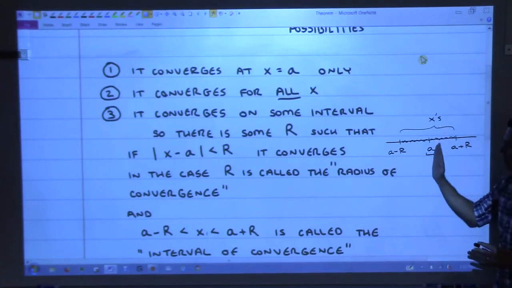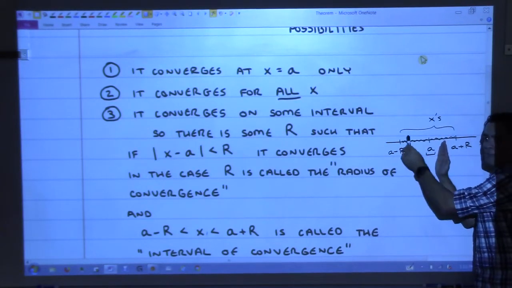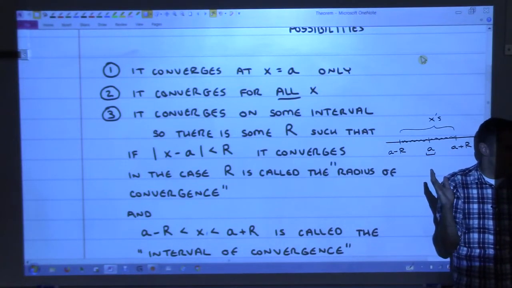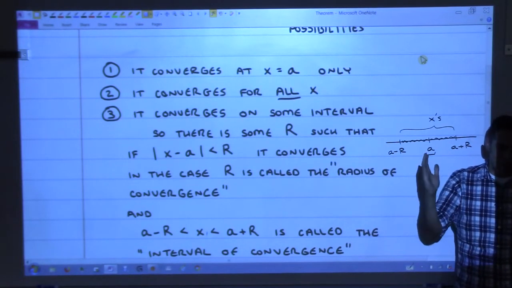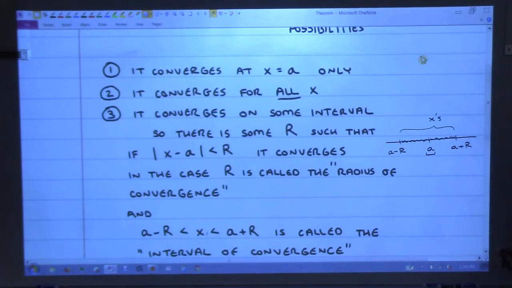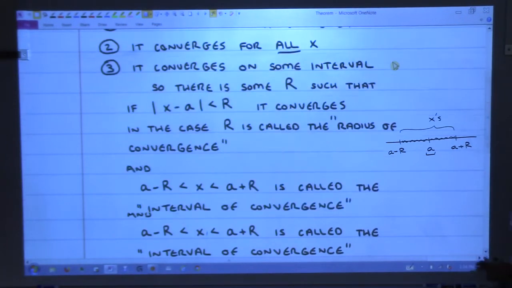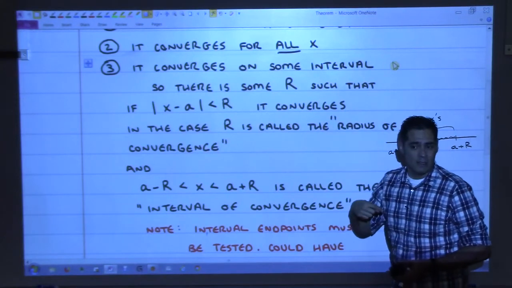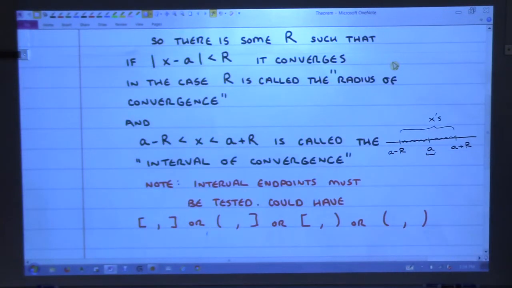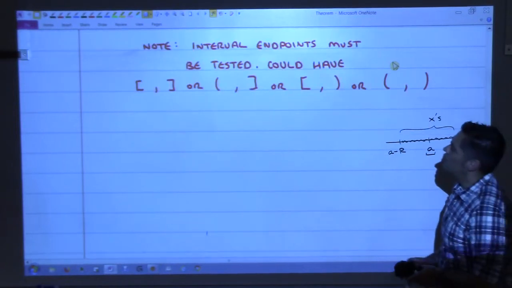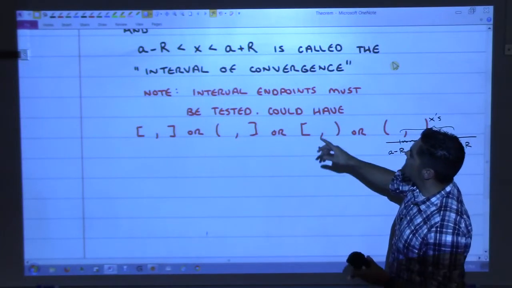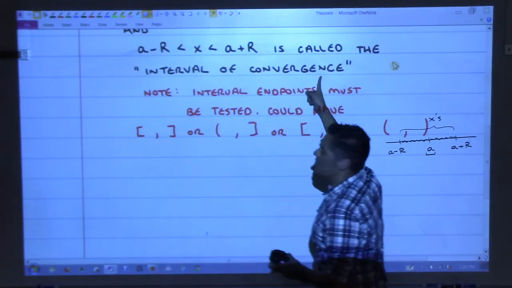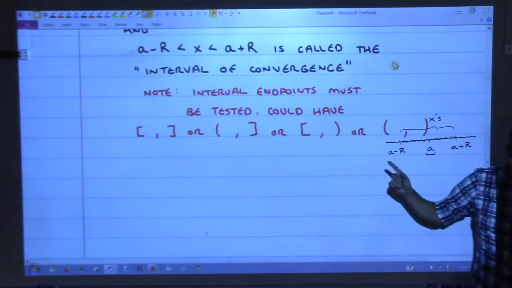If a is the center, then to the left by R and to the right by R gives you kind of like a radius on a circle, even though it's a straight line. That capital R, the radius of convergence, is something we're going to have to find. And the interval where x is between two numbers is called the interval of convergence. We're going to have to find that also.